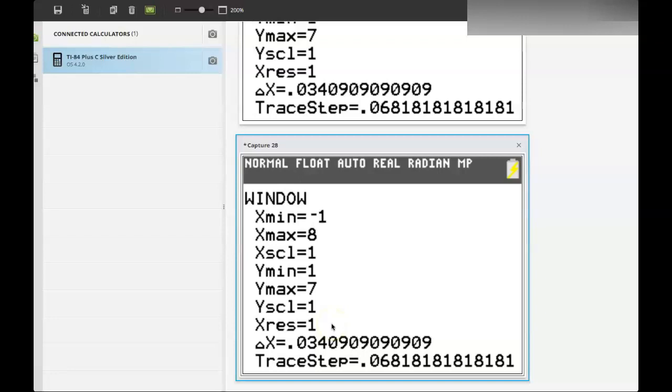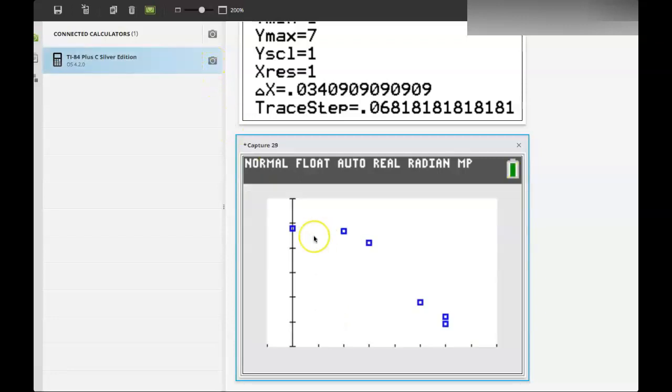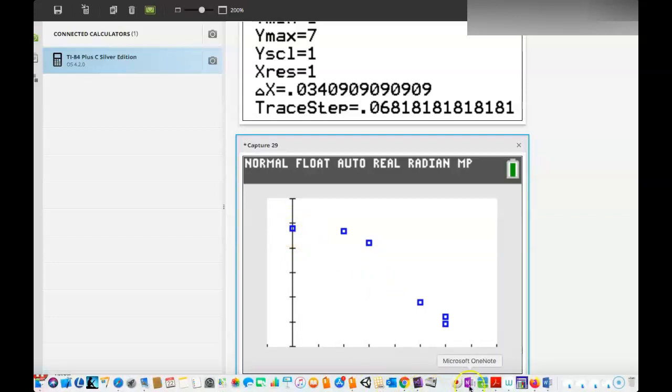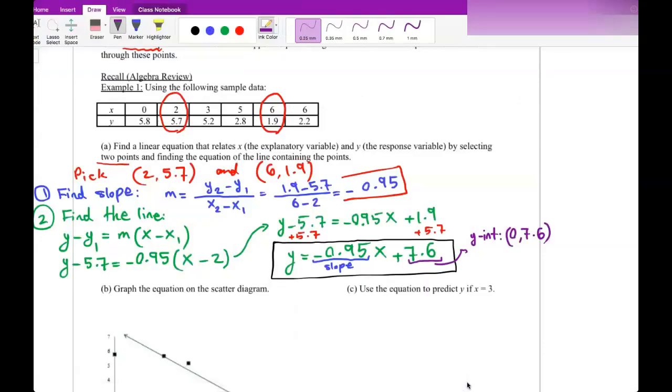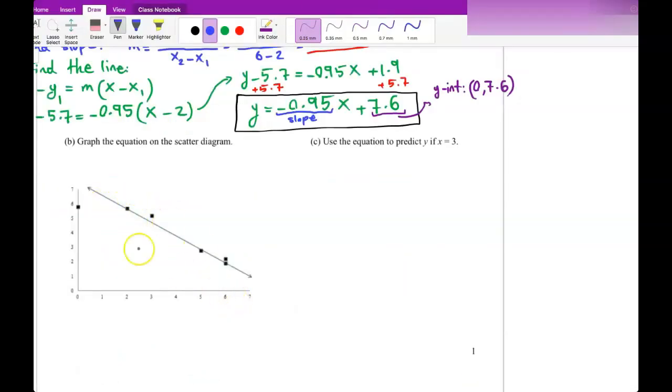Then press graph. For example, this one is (0, 5.8). I have exactly that point here, but I draw a straight line to show that we have these points on this straight line.